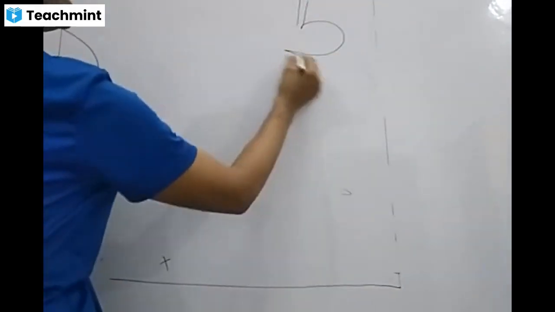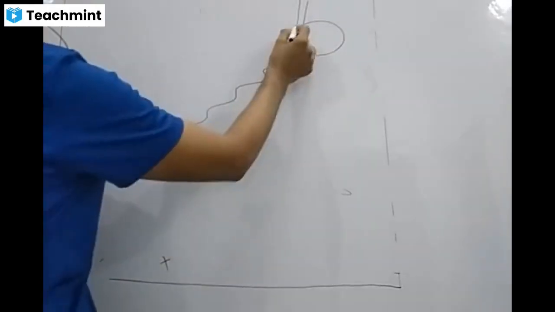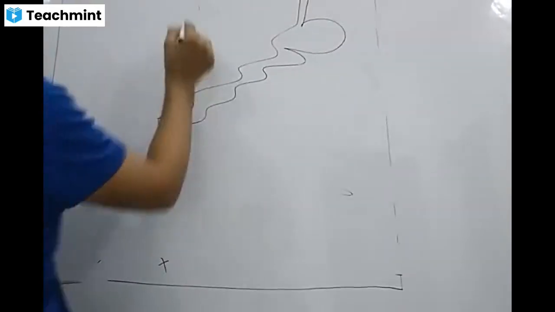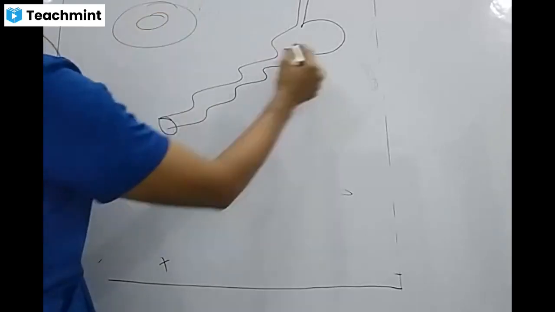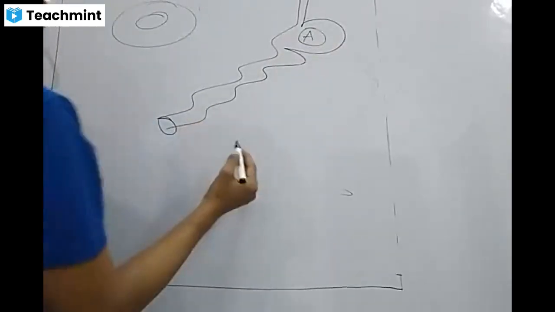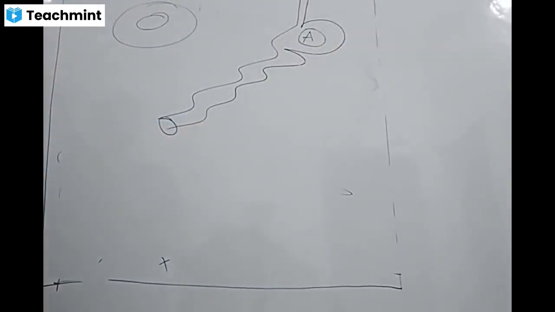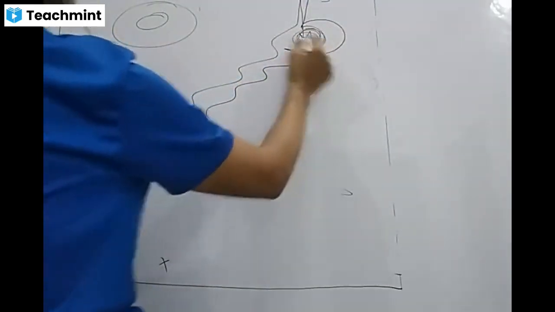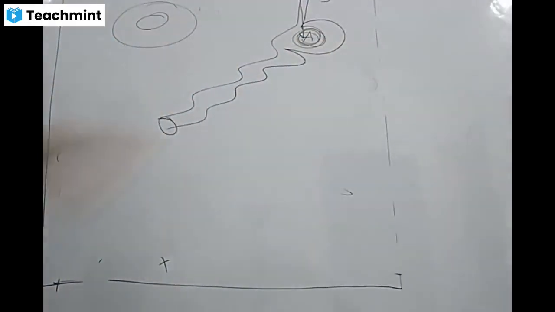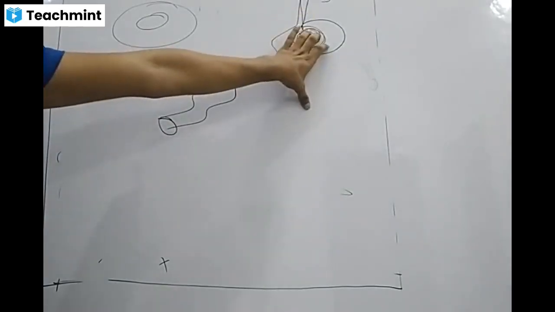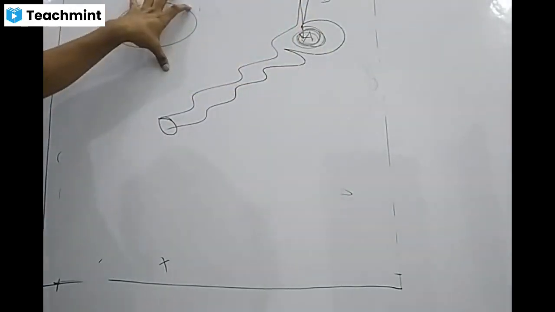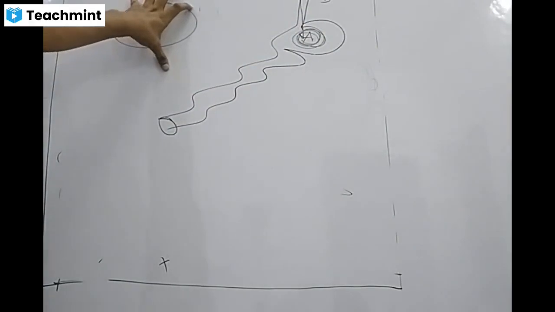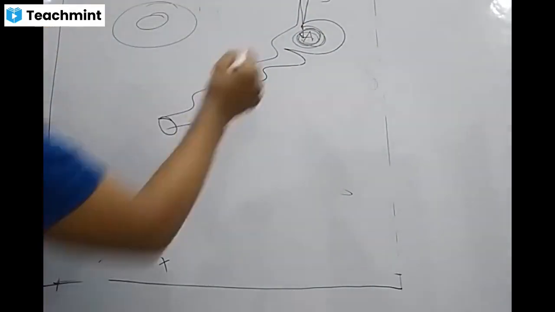First is absorption. If you read the language written in the books, they say absorption means a drug is administered and it will reach here in the GIT. From the site of administration, the drug will reach into systemic or general circulation.